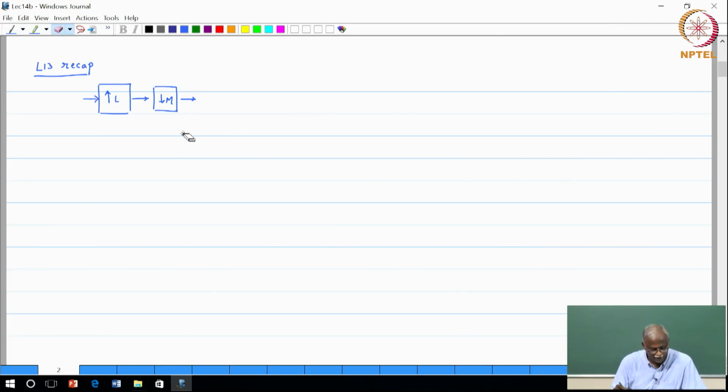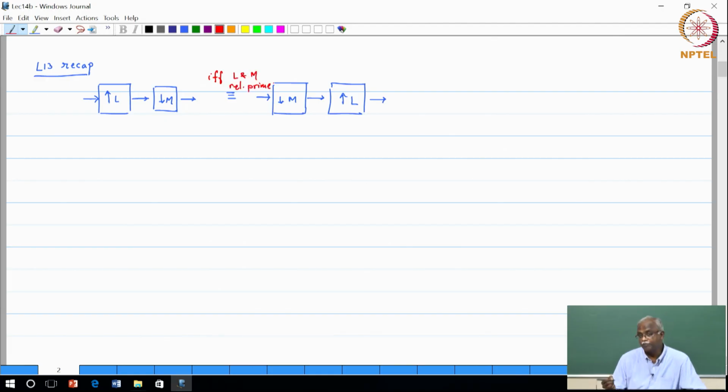So, upsampling by L and downsampling by M are equivalent to the interchanged order if L and M are relatively prime. Downsampling can come first, followed by the upsampling. This is if and only if L and M are relatively prime. Relatively prime is enough, they do not have to be prime numbers themselves.